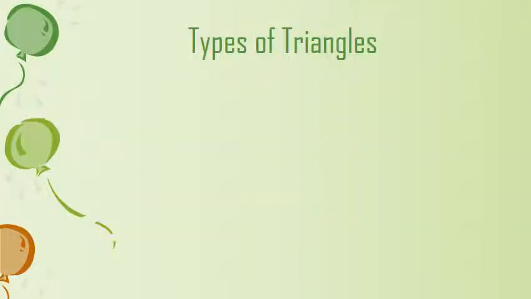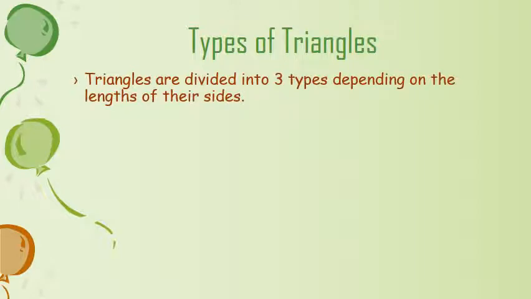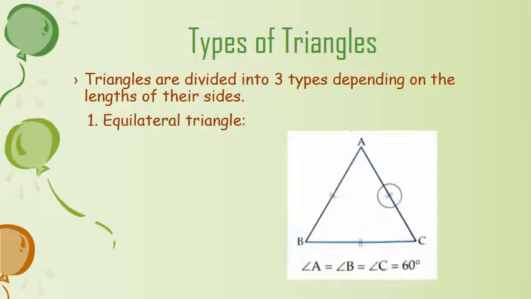So children, after learning what is a triangle, let us learn different types of triangles. Triangles are divided into three types depending on the length of their sides. The first type of triangle is the equilateral triangle. So, what is an equilateral triangle?